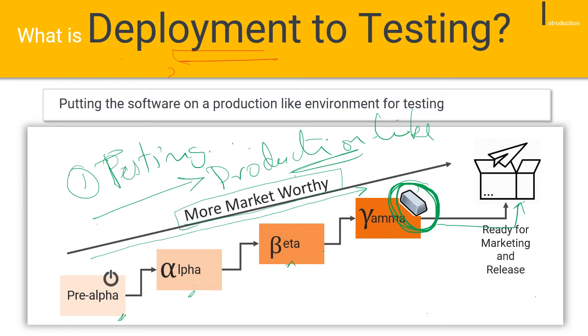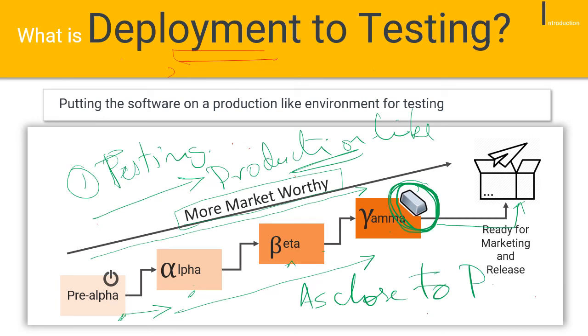For unit testing, you wouldn't stress too much on a production-like environment. It would be great if you could get one, but even if you don't get an exact replica of production, you are happy with it. But as we move further up, we would want the testing environment to be as close to production as possible. Please keep that point in mind.